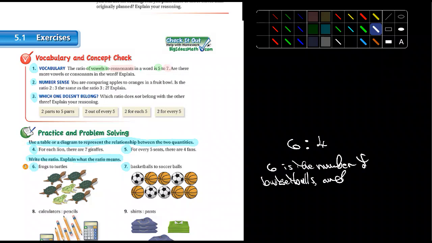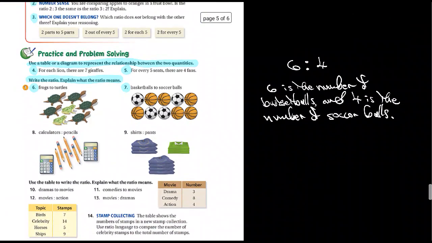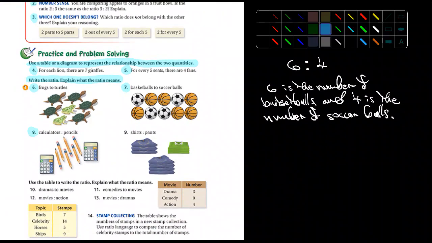And 4 is the number of soccer balls. Okay. So that's how you do number 7. Just did it for you. So that gives you an idea how you should do also 8 and 9.